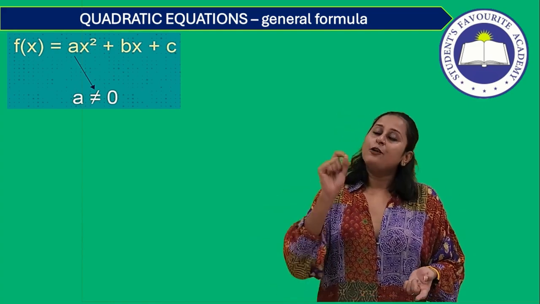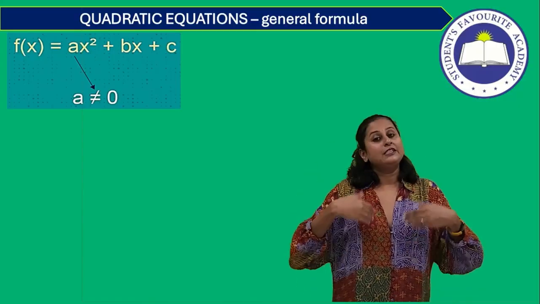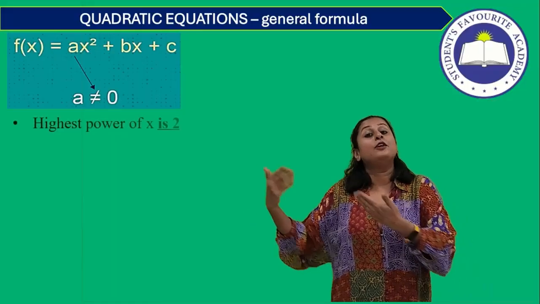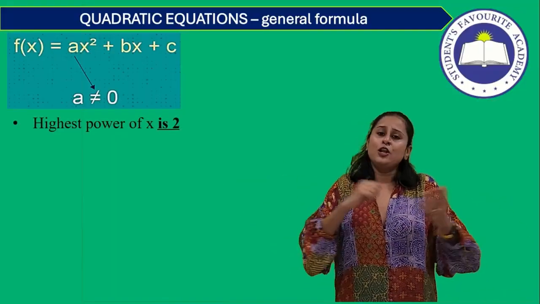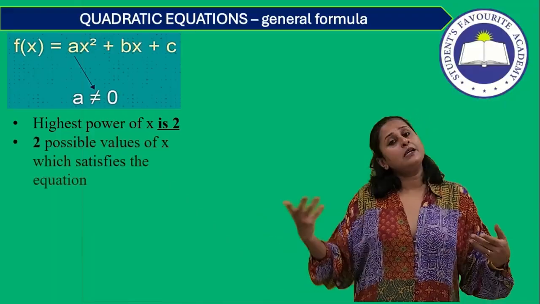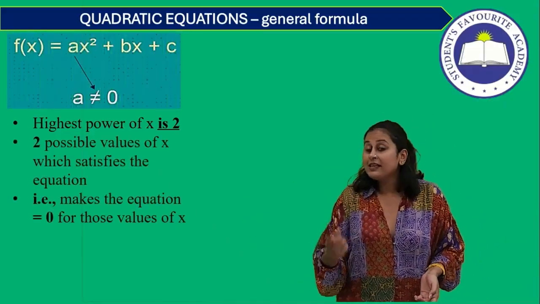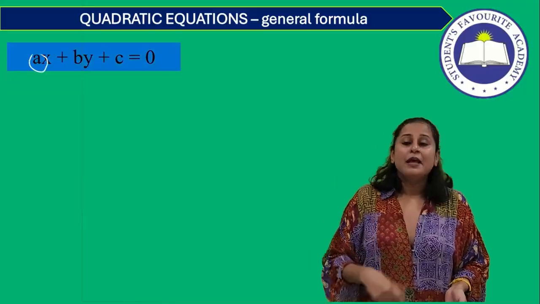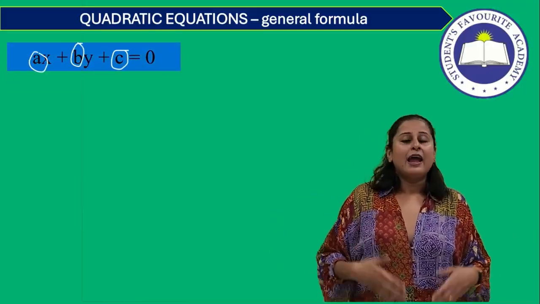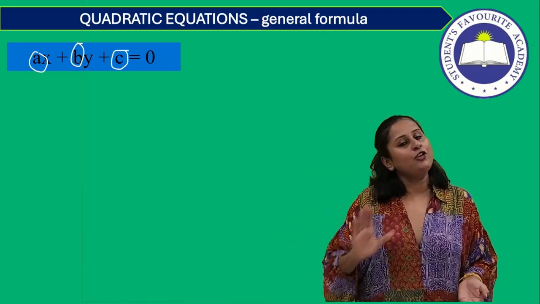It means that when you input a particular value of x, the equation becomes equal to 0. The general formula of a linear equation is ax plus by plus c is equal to 0, where a is the coefficient of x, the power of x is 1, b is the coefficient of y, the power of y is 1 and c is any constant number that does not change.